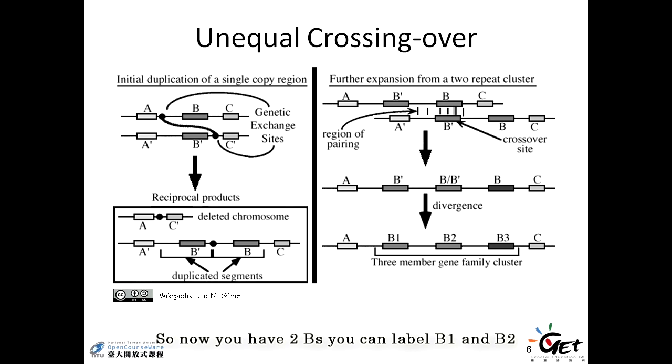You can label B1 and B2. And they are very similar because they originate by gene duplication. Then any position among the two homologous chromosomes could happen in recombination. So if that is the case, you will have three copies of the B locus. And this is how unequal crossing over generates duplication segments in our genome, in Drosophila, but also in other animals or plants.